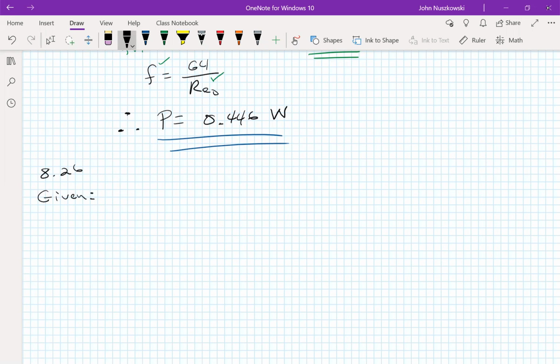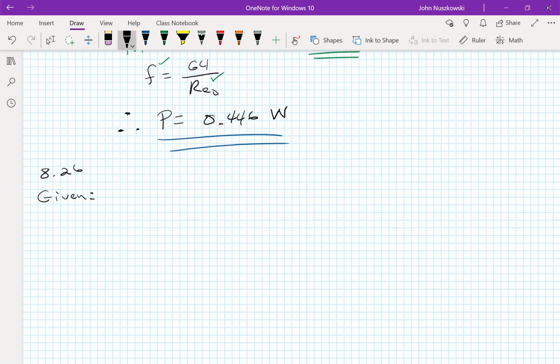8.26. Air at pressure of 1 atmosphere enters a thin-walled, so diameter of 10 millimeter long tube with a length of 2 meters at an inlet temperature of Tm,i equals 100 degrees Celsius. A constant heat flux is applied to the air from the tube surface.